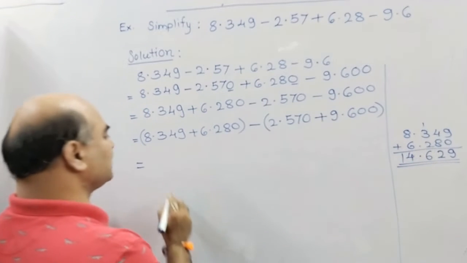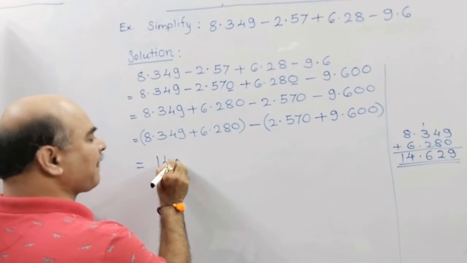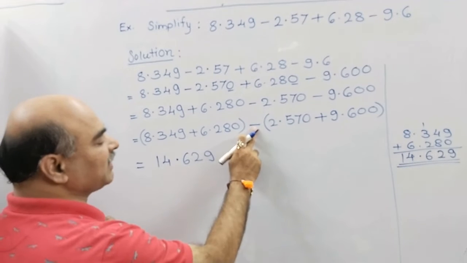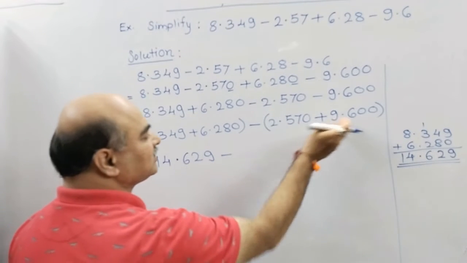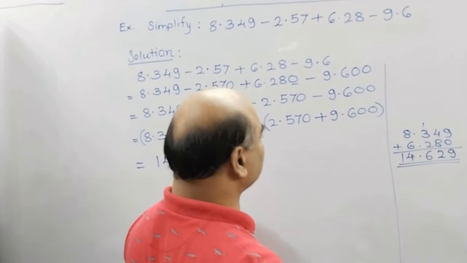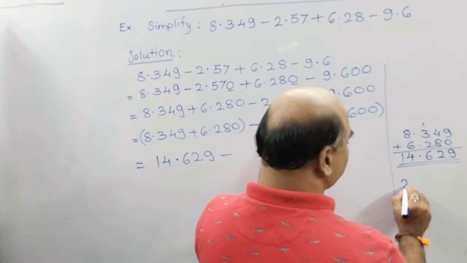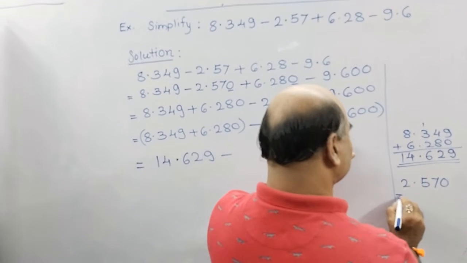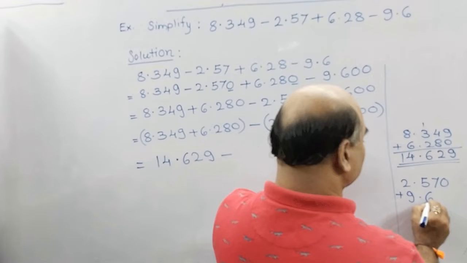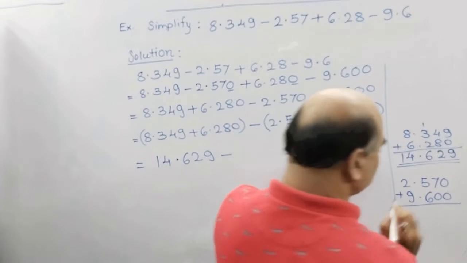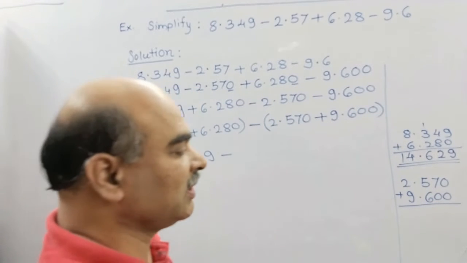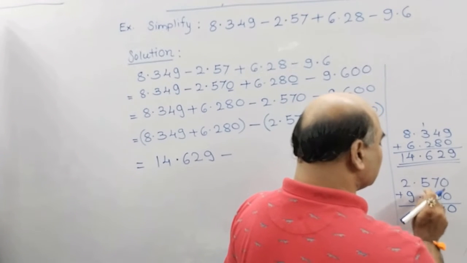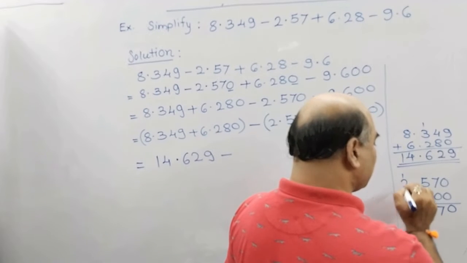The first addition we got is 14.629. Now we make the addition of these two: 2.570 plus 9.600. 0 plus 0 is 0, 7 plus 0 is 7, 6 plus 5 is 11, carried over 1.